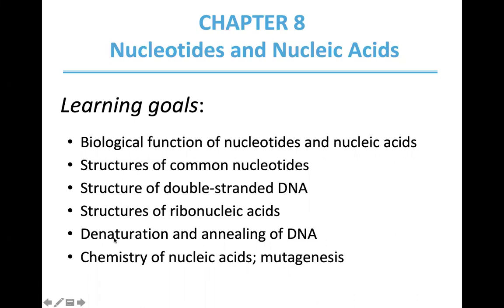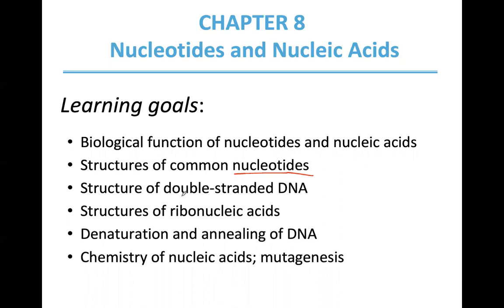As I mentioned to you, nucleotides are constituents of nucleic acids, right? So we'll start by discussing the structure of nucleotides, just like with proteins. So we started by discussing structures of amino acids. Here we're going to start by discussing the structure of nucleotides, and then we're going to put them together into nucleic acids.